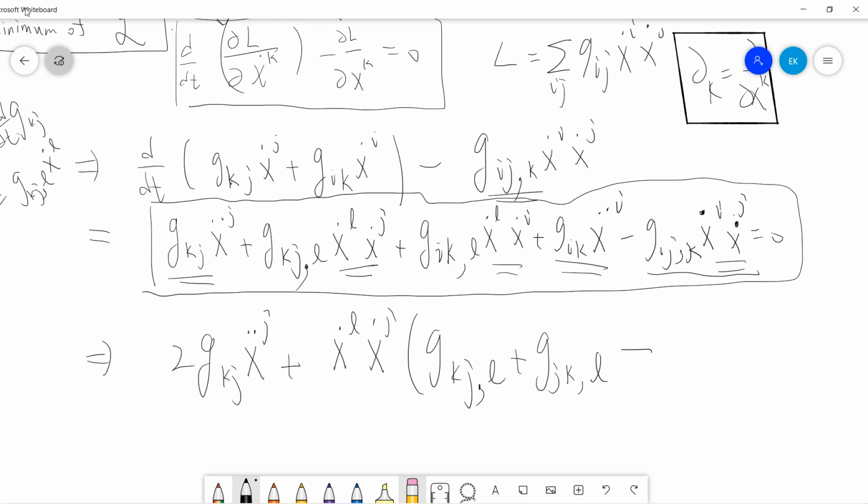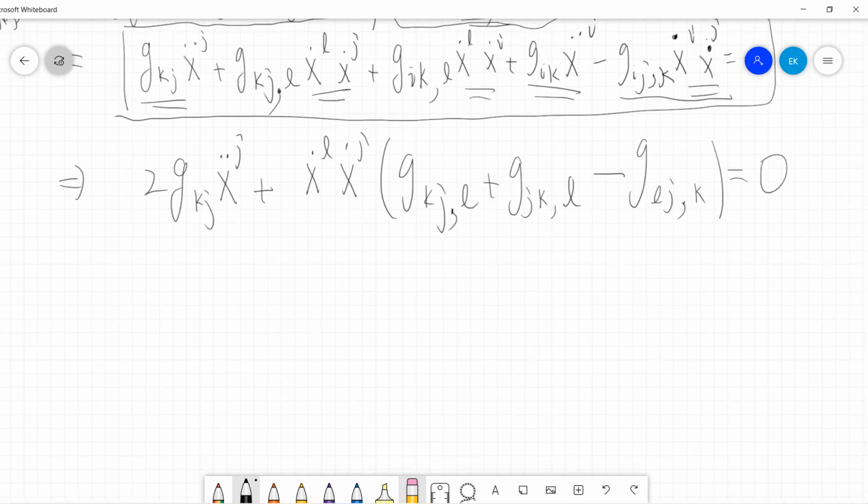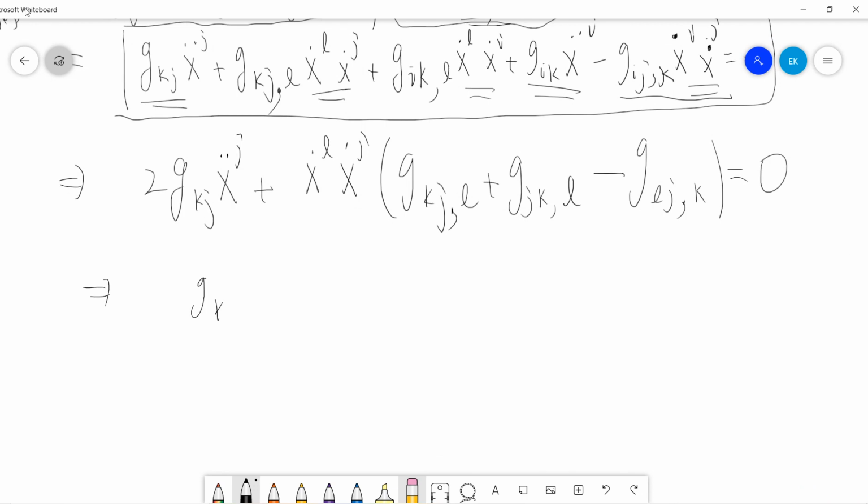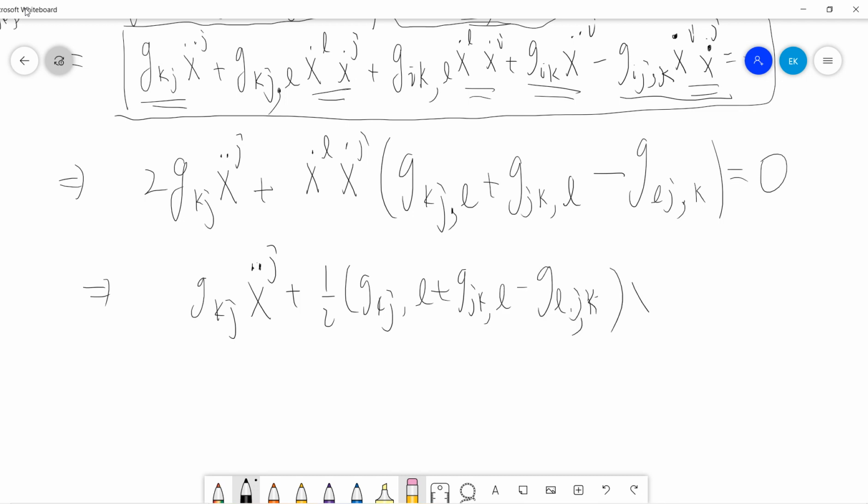I change i to l. So we will have g_kj x double dot j plus a half (g_kj,l plus g_jk,l plus g_lj,k) x dot l x dot j equals 0.